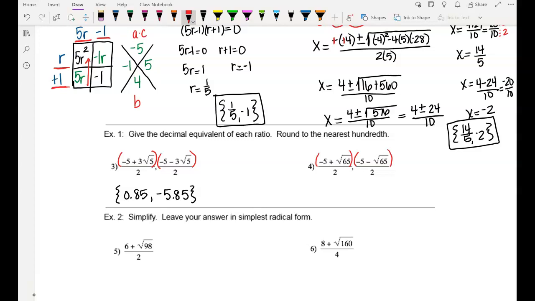As a decimal rounded to the nearest hundredth, you should have gotten 1.53. Then if I do -5 minus the square root of 65 divided by 2, I should get -6.53. So that's just a little calculator practice.